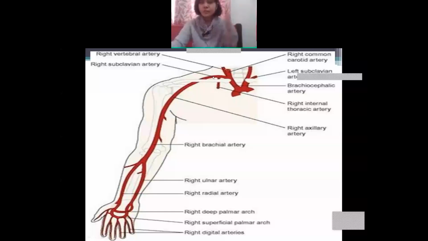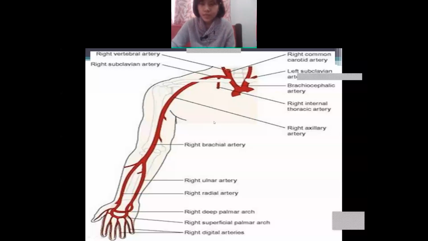The vertebral artery, they go and supply blood upside, that is to the brain. And this internal thoracic artery supplies blood to the chest portion. I mean the breast portion also, or else the thoracic cavity, means thorax, this chest portion.